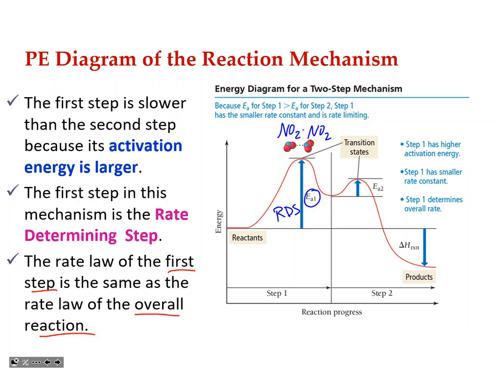It is always going to be the rate law for the overall reaction in that particular case. As you can see, the second step, I can't remember exactly what was reacting there, but this hill is a lot smaller. That's why we call this the fast step, because it doesn't need as much energy to do that part of the mechanism.